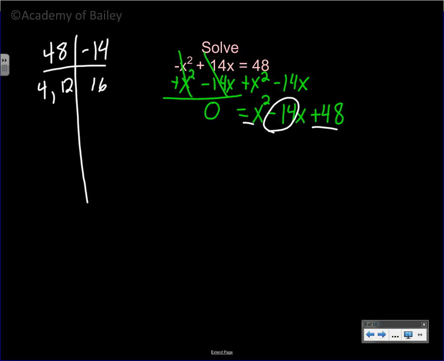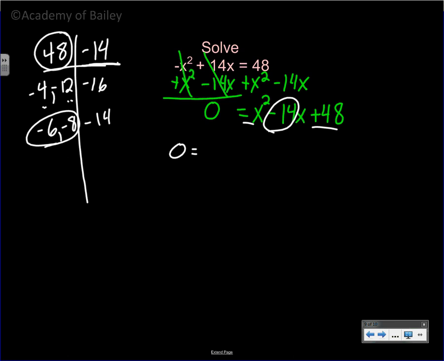And if I go negative 4 and negative 12, that makes a negative 16. The negative sign matches up, so I will assume that if I have to multiply two numbers to get a positive and they have to add up to get a negative, both of those numbers will be negative, like negative 6 and negative 8. It's negative 14. And that's what we're looking for, negative 6 and negative 8.